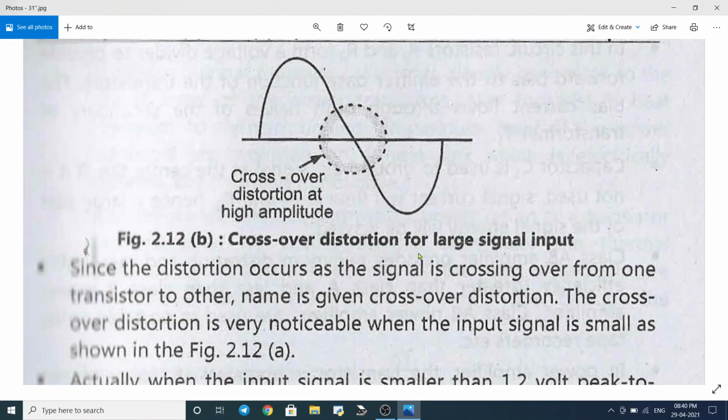Crossover distortion for large signal input. This is the crossover distortion for large input signal.